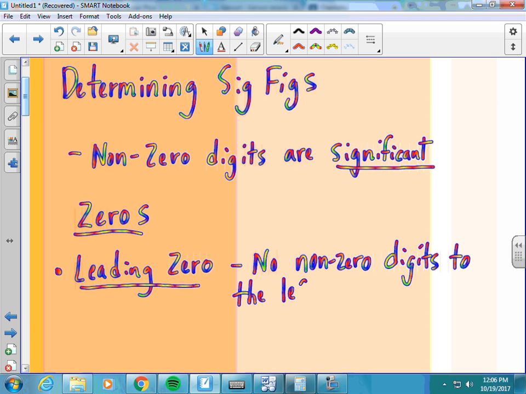So if I start out by looking at the number and I look at a 0 and there are no non-zero digits to the left of it, then we call it a leading 0. And these things are never significant, so we do not count these zeros. Let's make that a star, because that's important. Never significant.